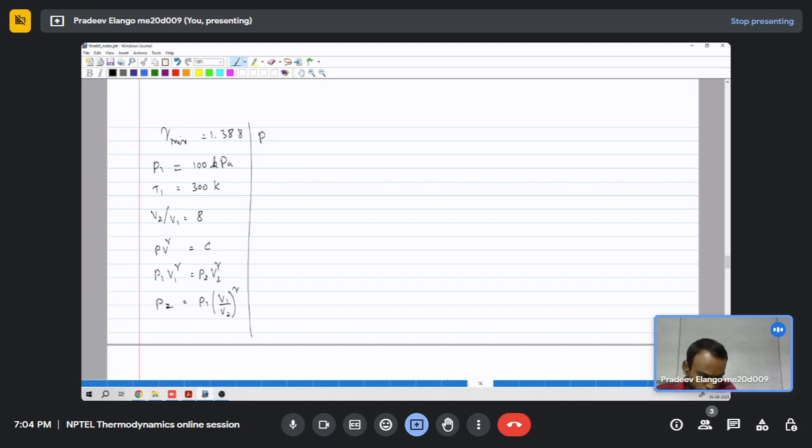So P2 is 100 kilopascal times 8 to the power gamma, which we just calculated as 1.388 for the mixture. So this is 1792.6 kilopascal.